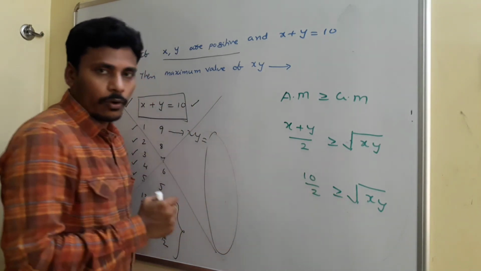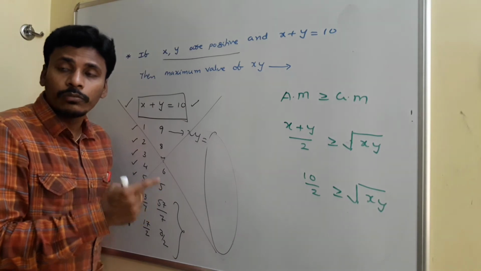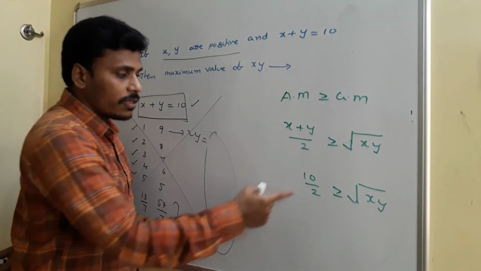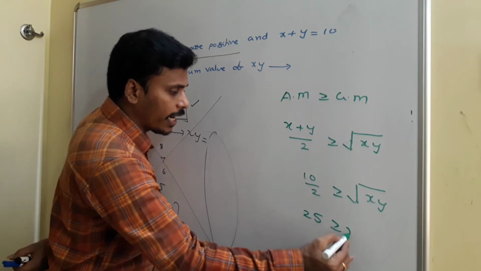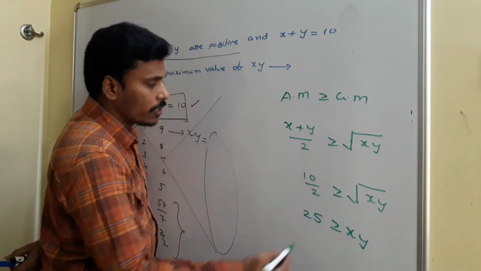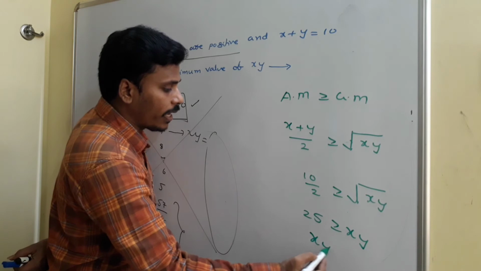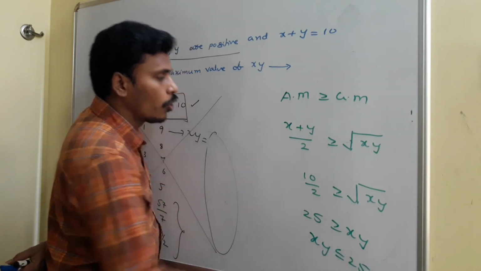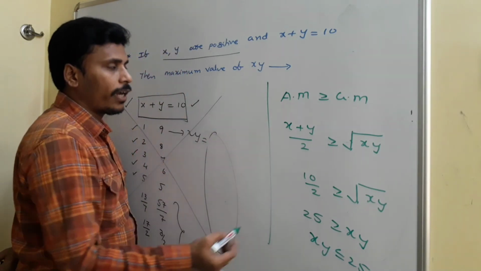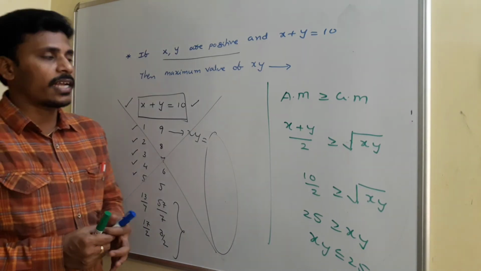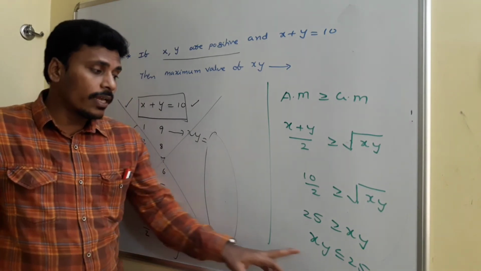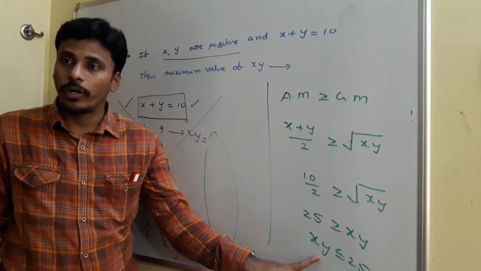And I need xy, so remove the square root. To remove the square root, what do I have to do? I will do squaring on both sides. This is 5, and if you square, you will get 25 is greater than or equal to xy. If you rewrite it, xy is less than or equal to 25. Look at this picture, right? I am applying AM greater than or equal to GM for x and y. From there, you get that xy is less than or equal to 25.